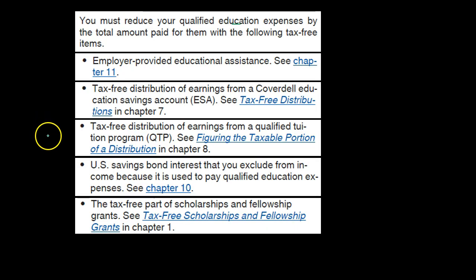For example, if we had the tax-free scholarship and fellowship, then of course we would have gotten money. That money would have gone to the education, but we basically got income that we didn't have to record on the tax return as income, and therefore we got a benefit from it. It's kind of the same thing as if we put it on there as income and then got a deduction for it.